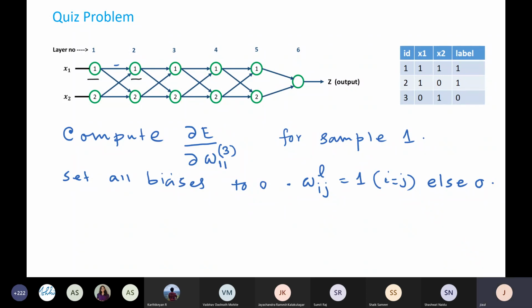And for the weights, this is the rule: when i and j are equal, the weight is 1, and otherwise it is 0. With this initialization, for the first sample, you have to compute del E del W311. This is a very simple small example, just to make sure that you understood how backpropagation is working.